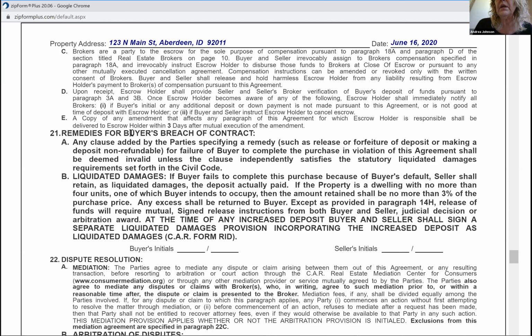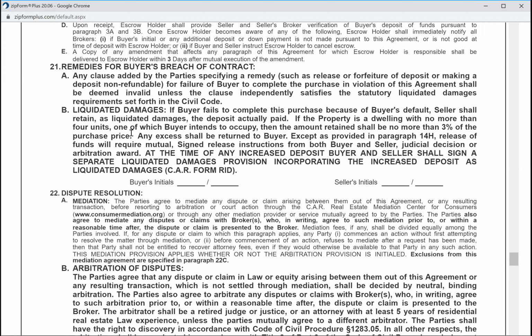Otherwise, if the seller does not have the property in their trust and they want to sell through the trust, they'd have to get the property put into the trust and recorded as being in the trust. So just because they have a trust, if this property is not held within that trust, then the trust is not the seller of that property. All right, thank you.